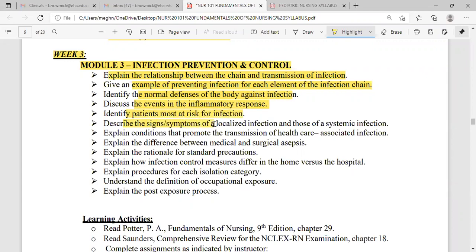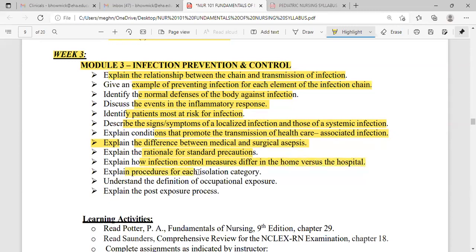Describe the signs and symptoms of localized infection and those of systemic infections. Explain conditions that promote the transmission of healthcare-associated infection. Explain the difference between medical and surgical asepsis. Explain the rationale for standard precautions, and explain how infection control measures differ in home versus hospital.